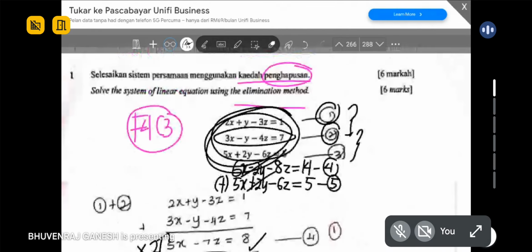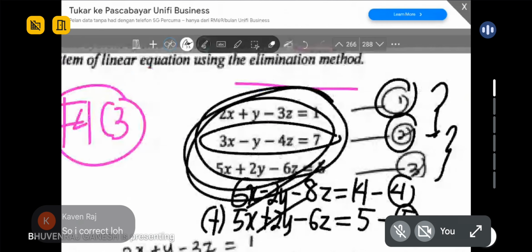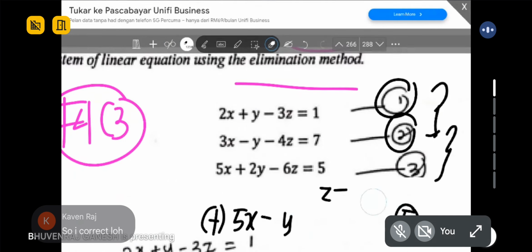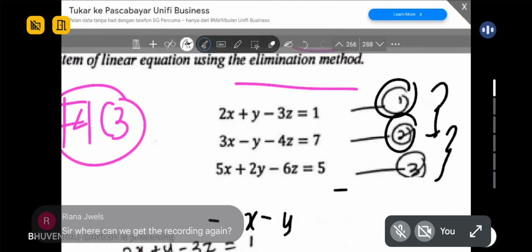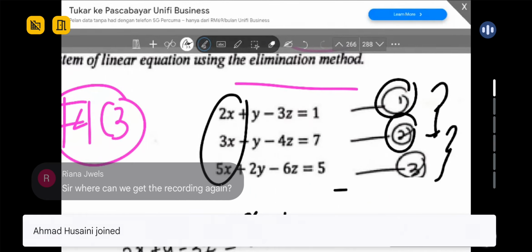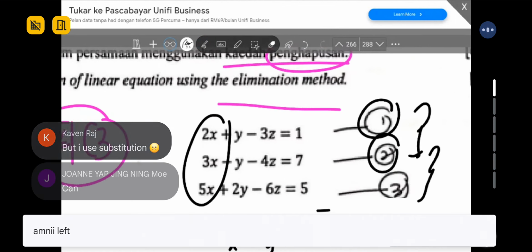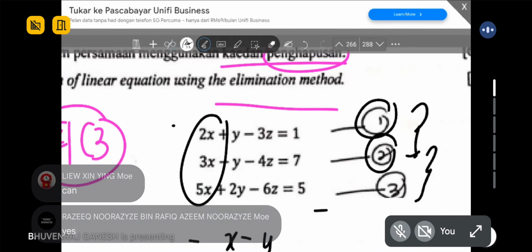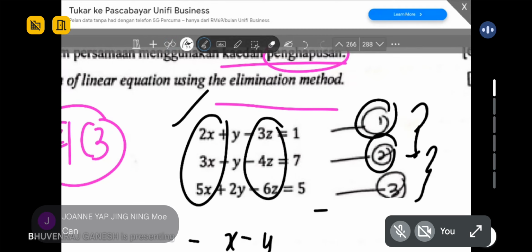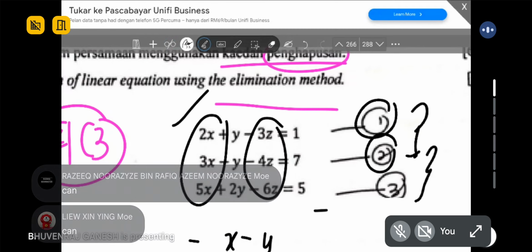Okay? So let's say guys, from these 3 equations, suddenly I say, I want to eliminate x guys. Can or not? What do you think? Kalau saya nak hapuskan x, boleh tak? If I ask you guys a question. Yes, can. If I want to eliminate z, can or not guys? Kalau saya nak hapuskan z, boleh tak? Yeah, can.